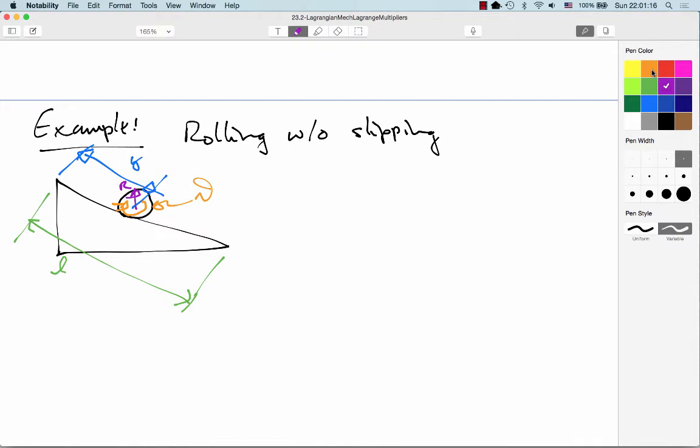And we will say that we are inclined at angle alpha. All right. So we know from the rolling without slipping condition that y has to equal r theta. Now we've got to write this as a proper equation of constraint.